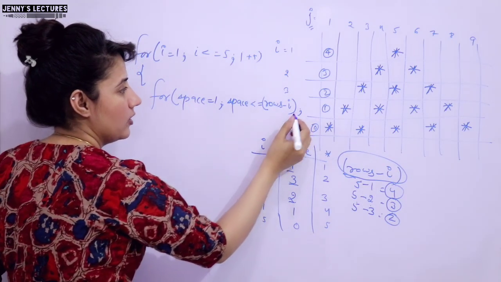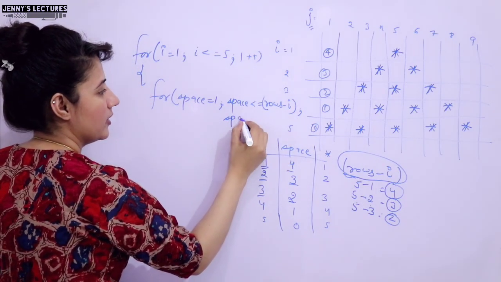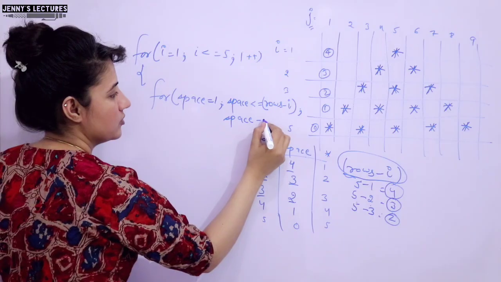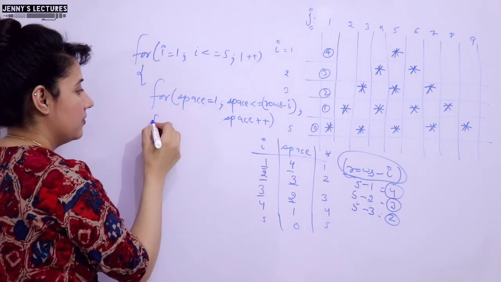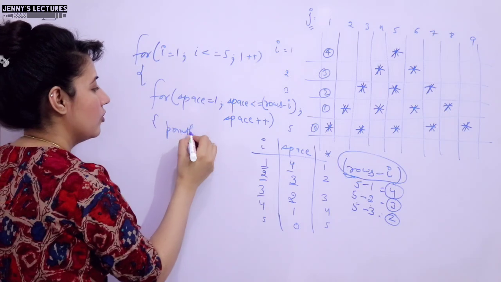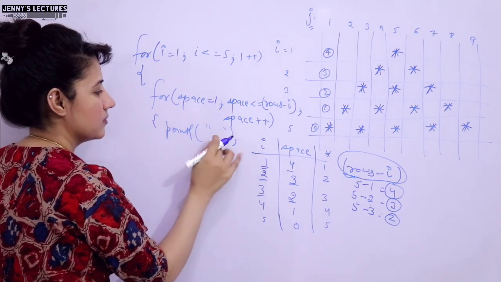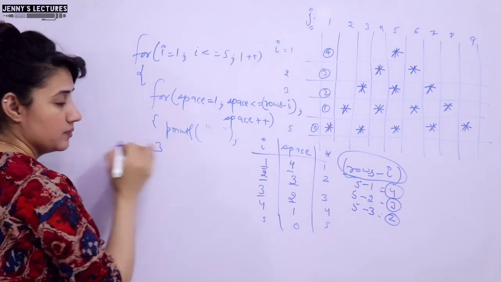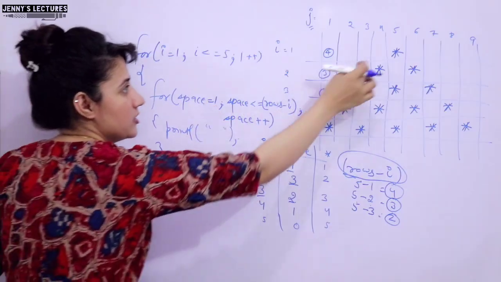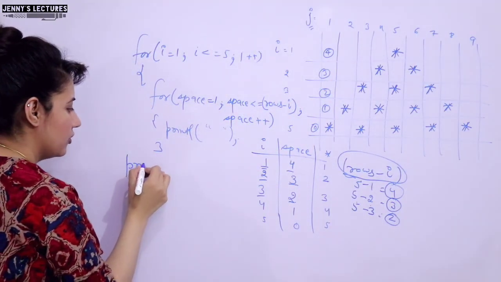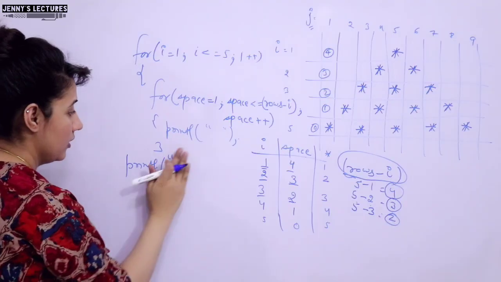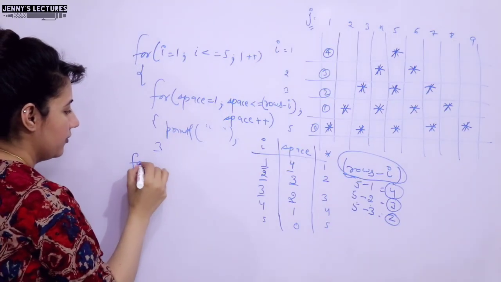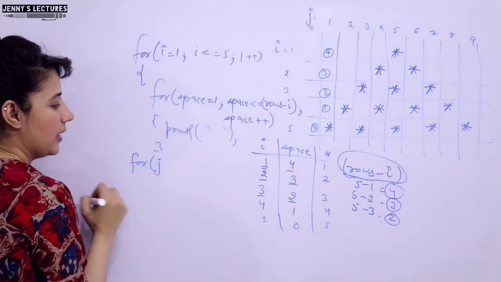And semicolon; we don't have room here, so I am writing this on the next line, space plus plus. In this loop we are going to print only space. That's it. Now after printing space, we have to print star. For that, another for loop within this outer loop, sorry, another for loop, not printf. And the variable I am taking is j.